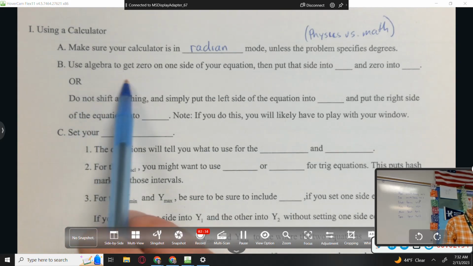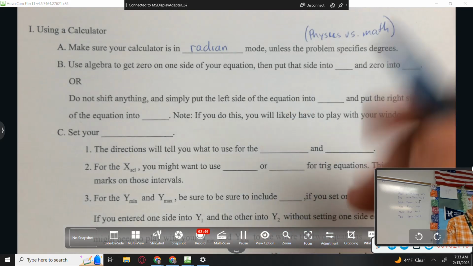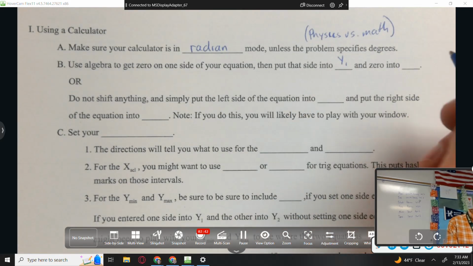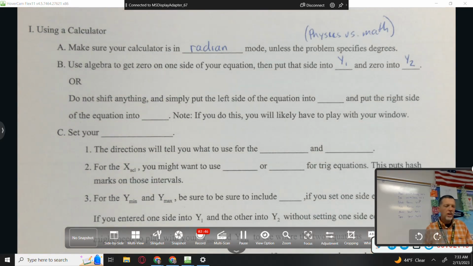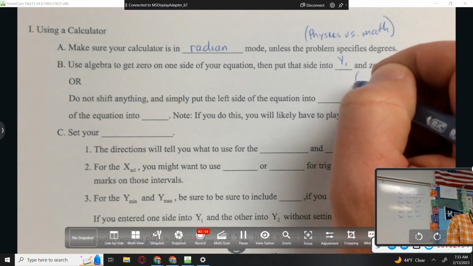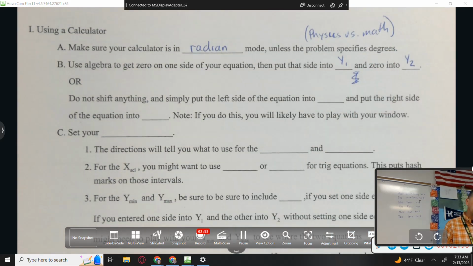B, use algebra to get 0 on one side of your equation and then put that side into y1 and 0 into y2, although we'll do this a different way in a moment. There's a couple ways to do this.